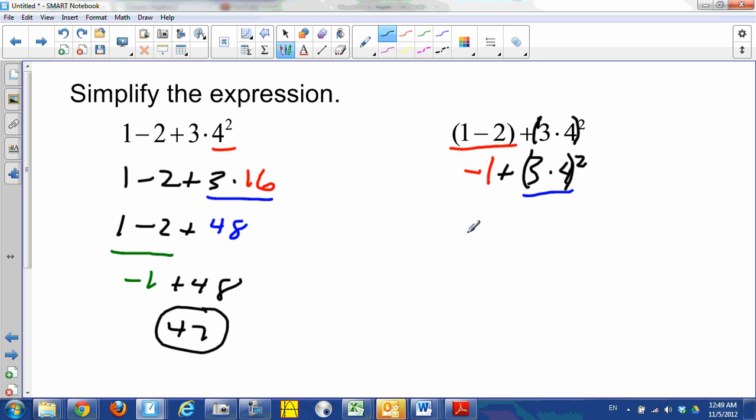So we've got negative 1 plus, and 3 times 4 is 12 squared. And I should have made that 12 blue for clarity. Negative 1 plus 12 squared.